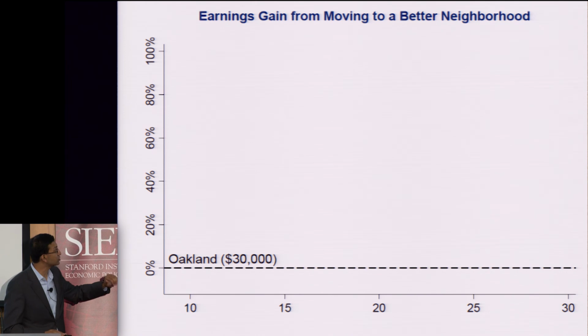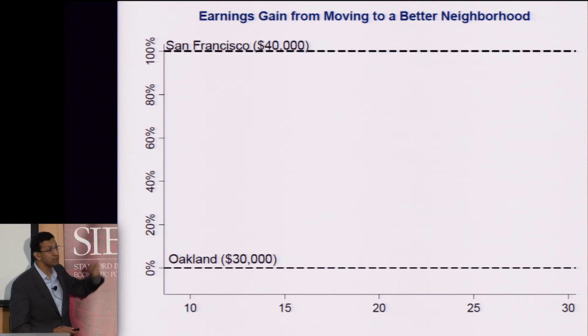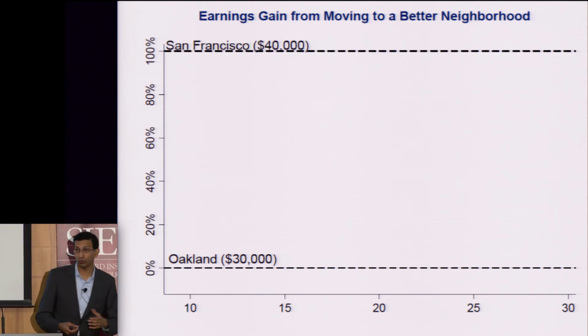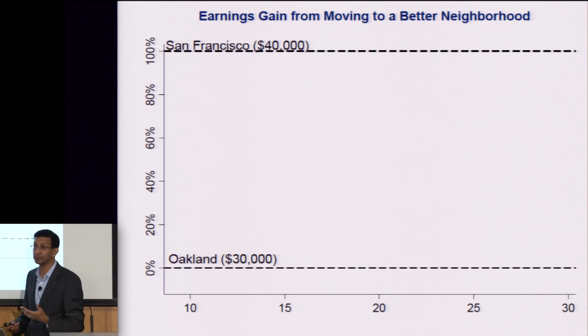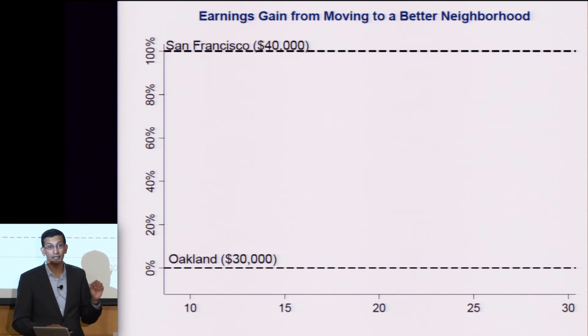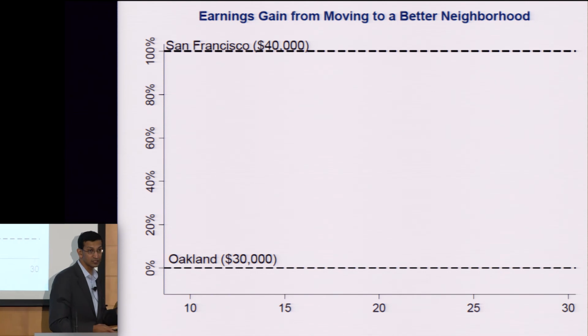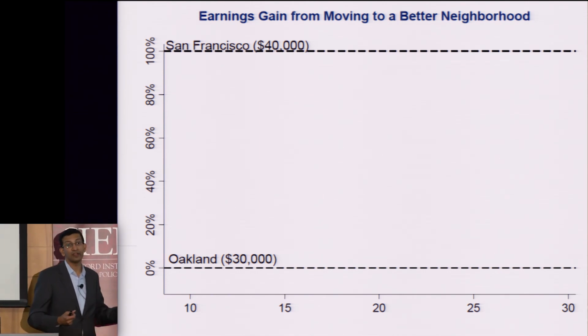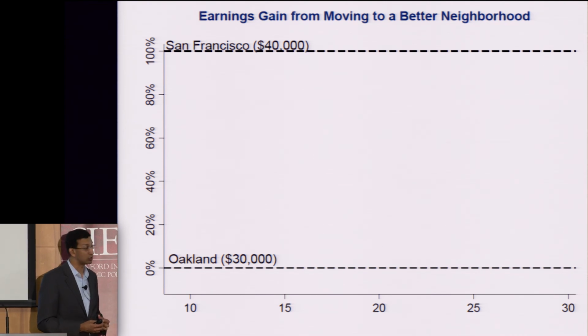So consider a set of families who start in Oakland and move to San Francisco, which as we saw appears to generate better outcomes for kids in low-income families. And suppose if you grew up from birth in San Francisco, you'd earn $40,000, let's say, when we measure income when you're 30 years old.